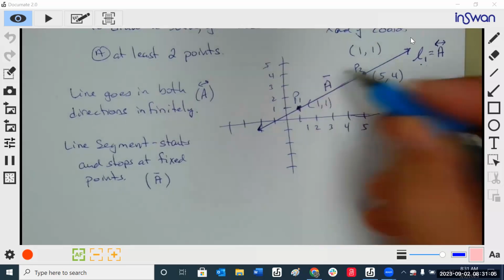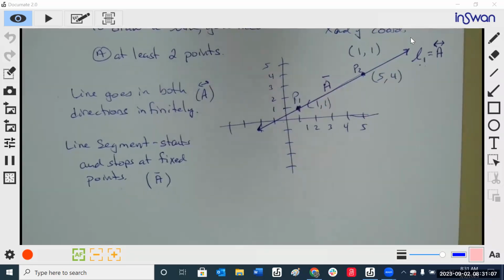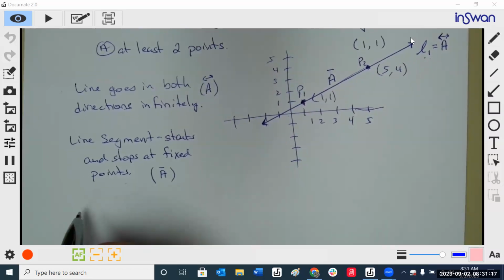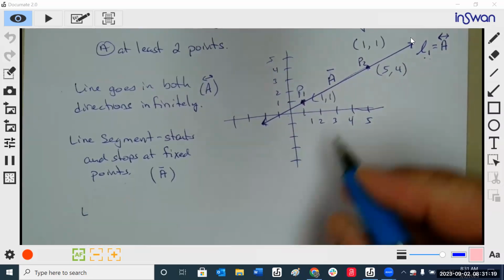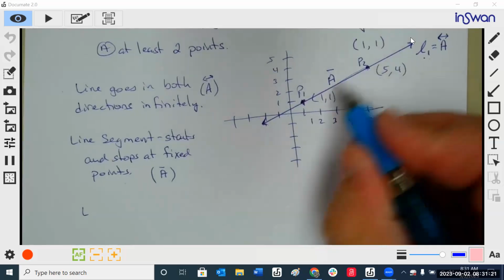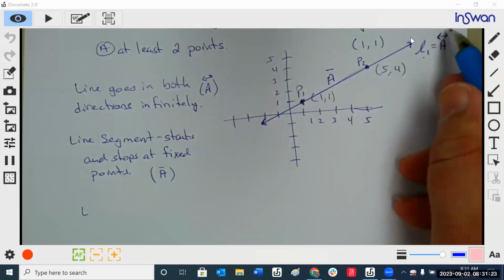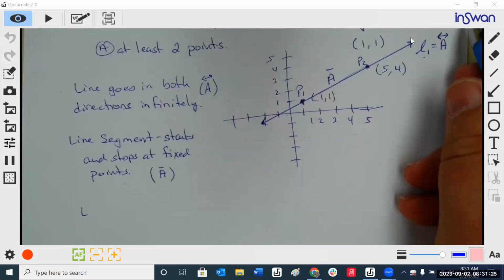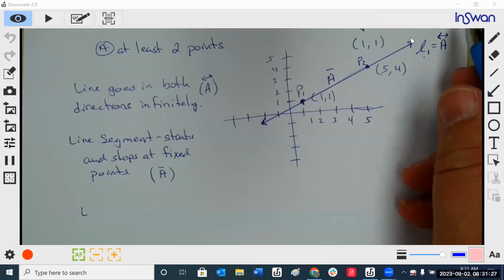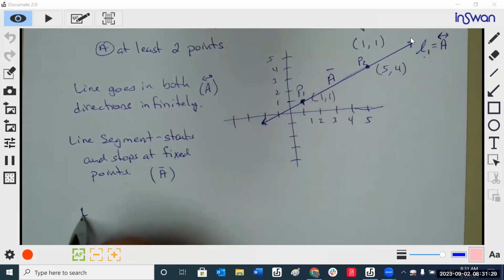Or you could put dots at the end if you want to, but we just call it the A bar. What about if it starts at a point and goes on infinitely in another direction? A ray. Very good. We call that a ray.